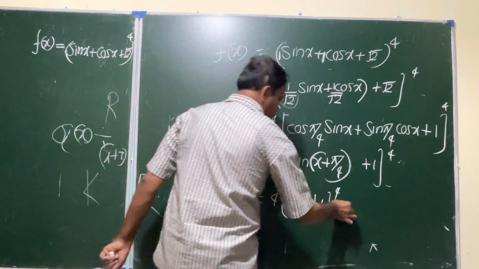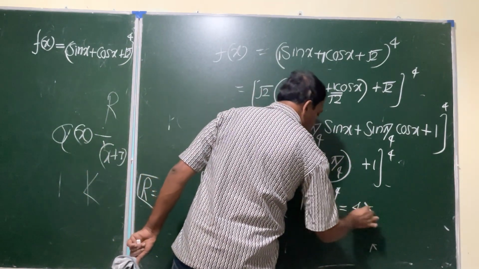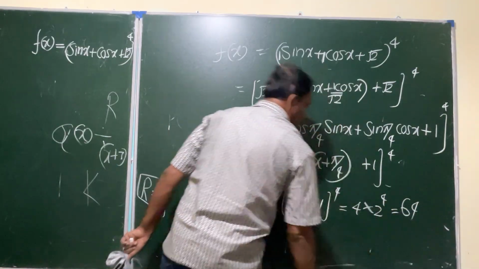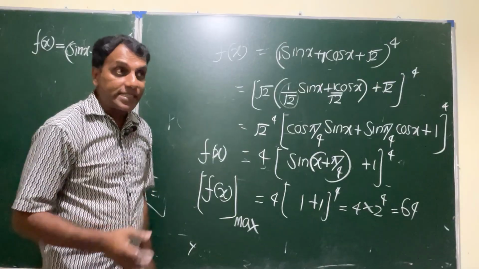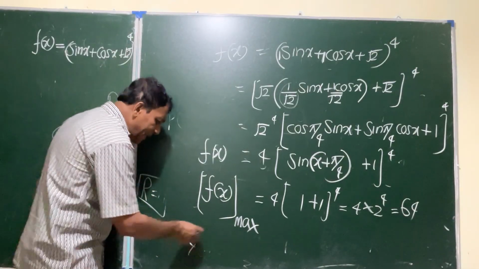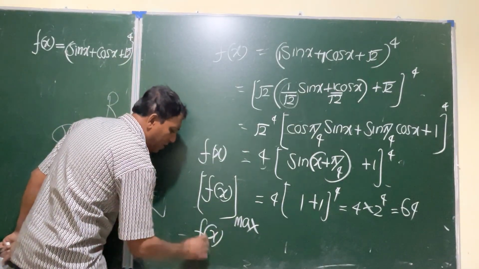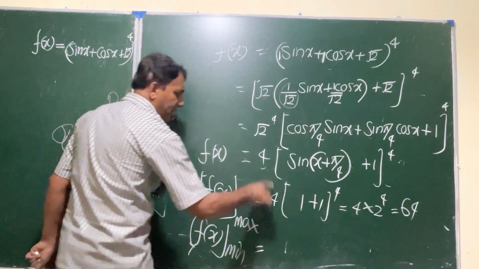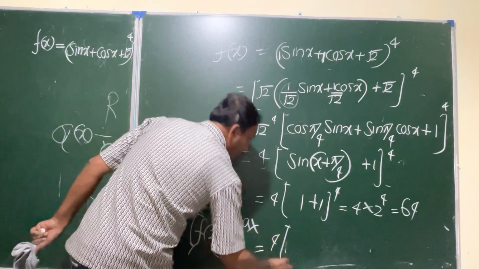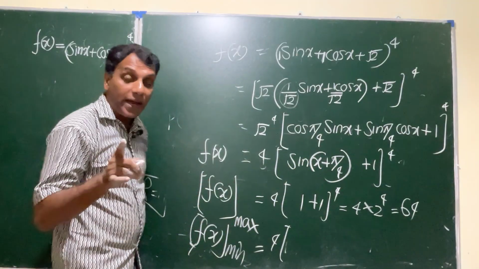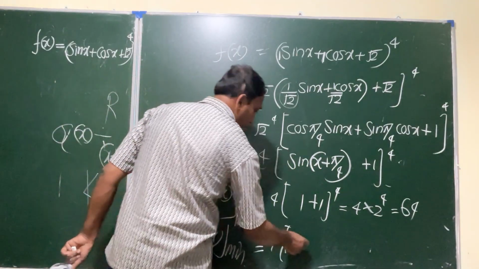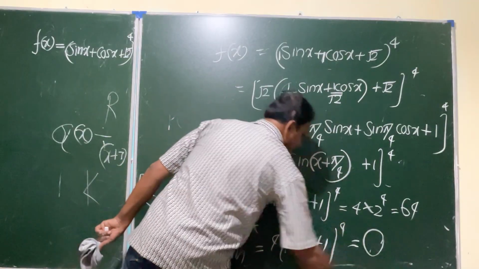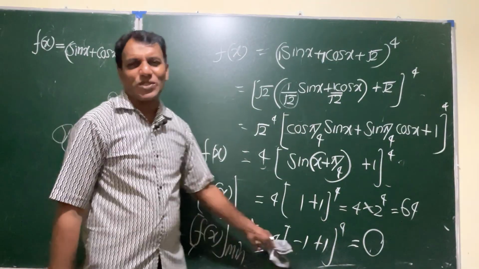So what is that? 4 into 2 to the power 4, that is 64. 2 to the power 4 is 16 times 4. Find the minimum, f(x) minimum. What is f(x) minimum value? Here there's a 4 outside. Sine becomes minimum -1, -1 plus 1, totally 4 times 0. Wow, that is 0.